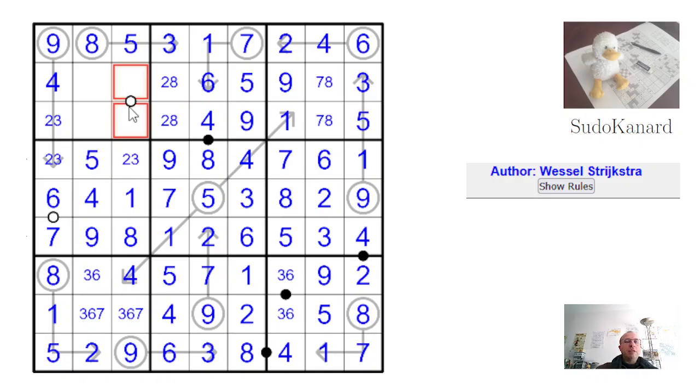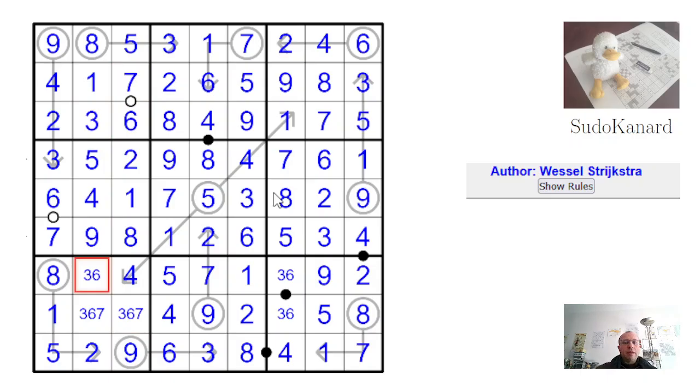Note that 2 can't be here because it would have to be with the 3, so that's the 2. 3 and 2, 8 and 2, 8 and 7. Here I need 1 and 7, so 1, 7 there, with the 6 and the 3, 6, 7, 3, and 6 and 3. And that's it.